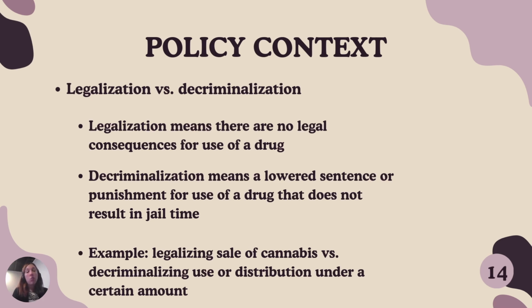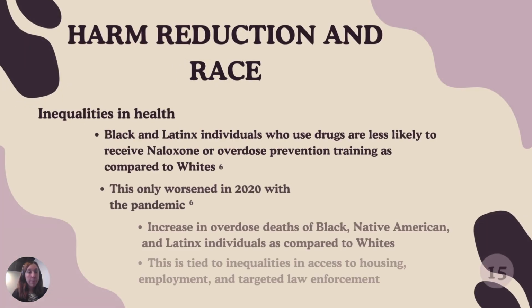However, if you don't have the proper funding to be able to support those community providers, and you don't have enough of them, as we've seen in the aftermath of that decades later, it doesn't work as well as we had hoped. So the point being, you can have a policy, but if you don't have the infrastructure to support it, it's not going to be successful in the community.